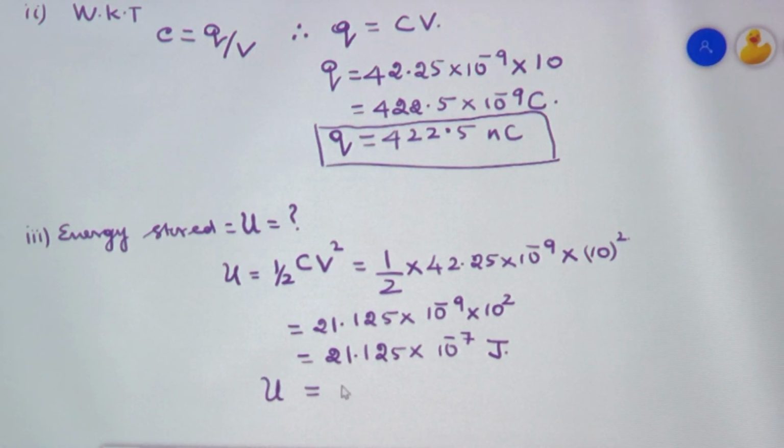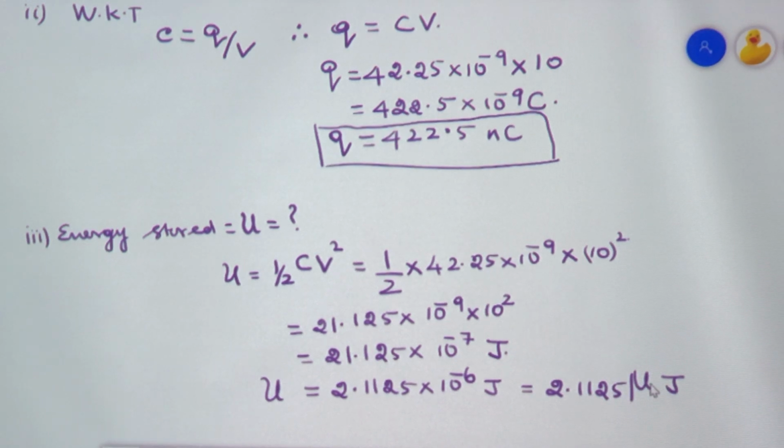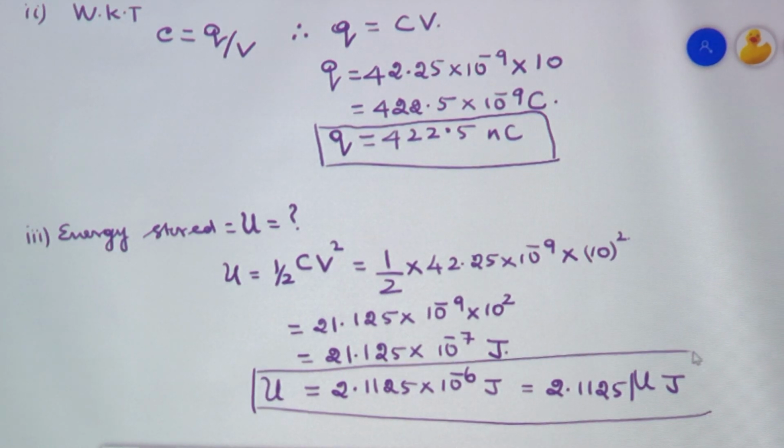Epsilon is equal to 2.1125 into 10 to the power of minus 6 joule. On removing 10 power minus 6, I can write it as micro. So microjoule. 2.1125 microjoule is the amount of energy that was being stored in the capacitor.